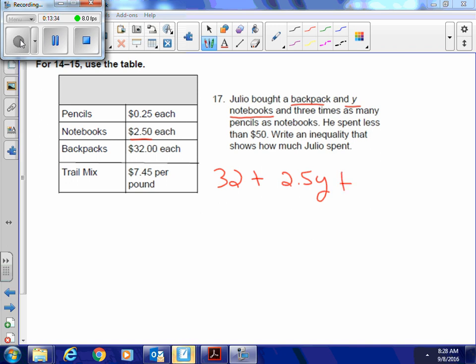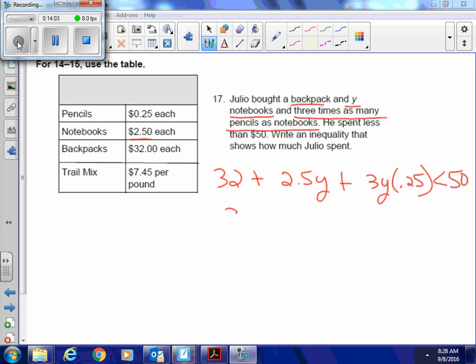He bought 3 times as many pencils as notebooks. Well, didn't he buy Y number of notebooks? So that means he bought 3y. And what is the price of those pencils? They're 25 cents each, times 0.25. All of that is supposed to be less than $50. Well, we've got some like terms we can collect.